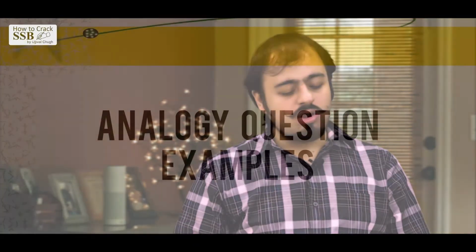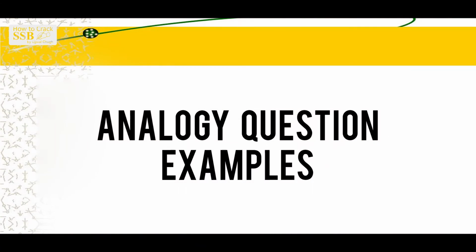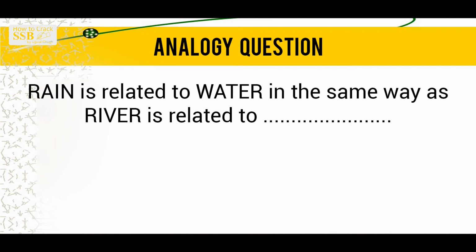An example of a verbal test: if I talk about an analogy question, जो analogy के question होते हैं. So the question is, rain is related to water in the same way as river is related to. In this question, they are checking your verbal reasoning.